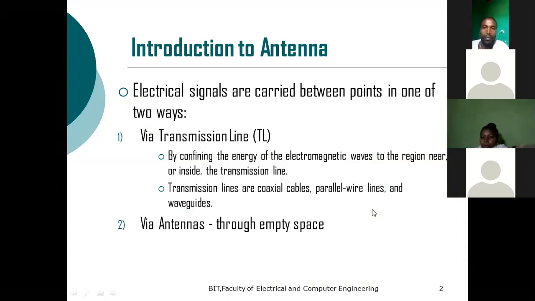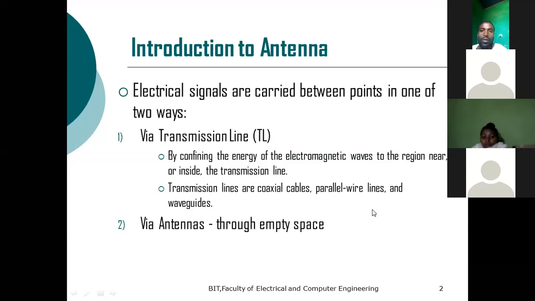So an antenna is nothing but a device which converts an electrical signal into wave. Basically this electrical signal can be transmitted from the source to the destination using either a transmission line or this radiating element, the antenna.